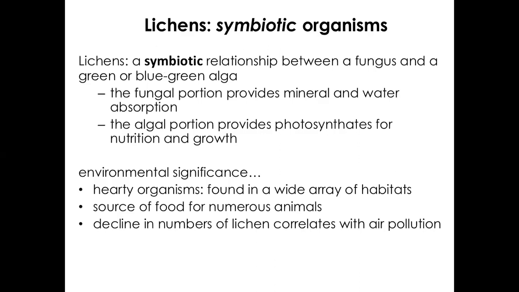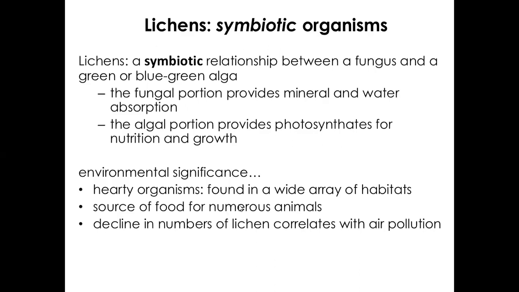In this situation, the fungus portion is able to provide mineral and water absorption and helps provide a stable environment for the algae to grow in. And the algae uses photosynthesis to provide nutrients to the whole symbiotic organism. All right.